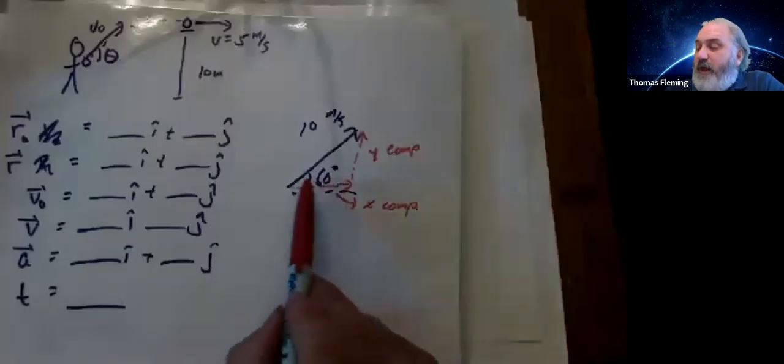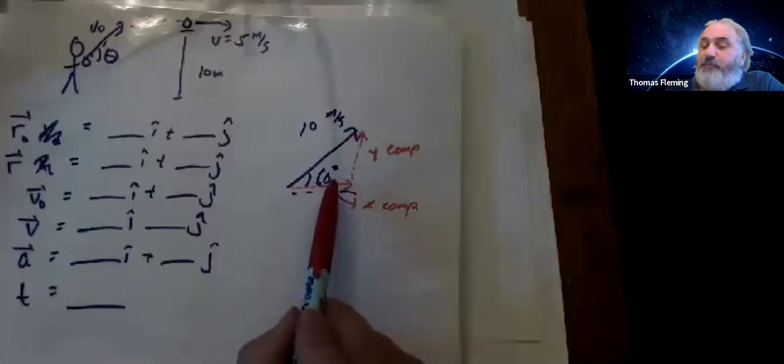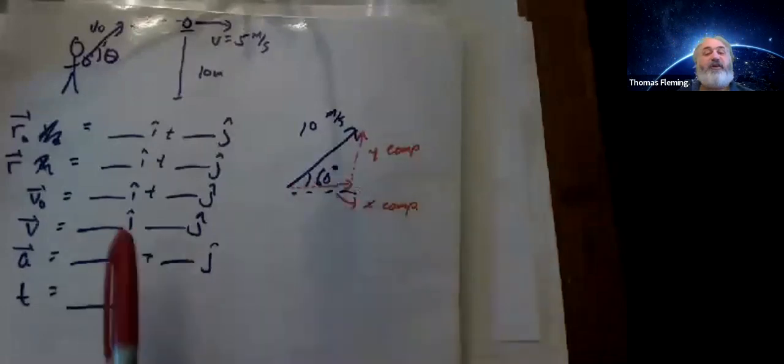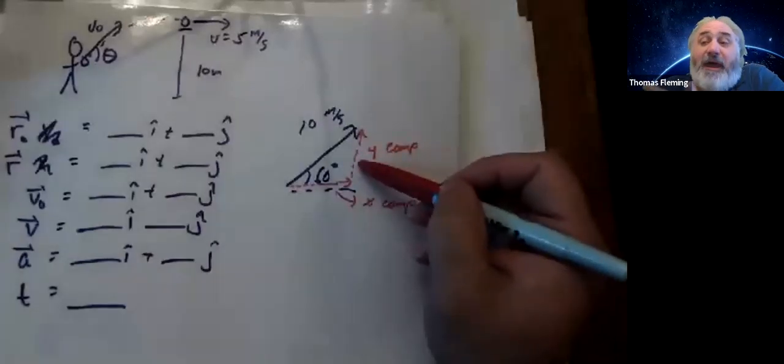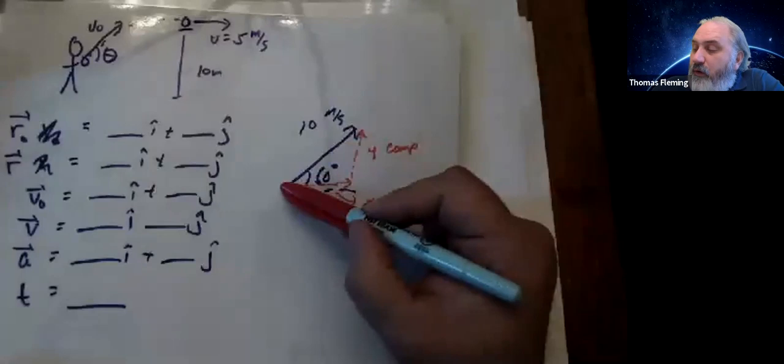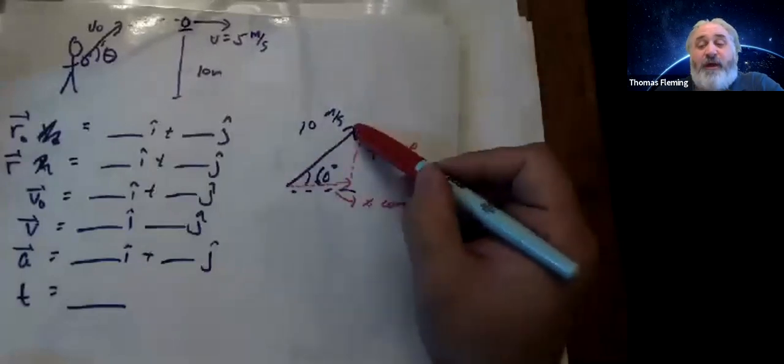Notice that I've drawn arrows for both of them, and I've put those arrows tail to tip, because conceptually, when you add vectors together, you're putting them tail to tip, and the sum of those vectors is the vector that goes from the tail of the first vector to the tip of the very last vector. So what I'm effectively saying by drawing it this way is that this x component plus this y component must add up together and be equivalent to this annoying diagonal vector.